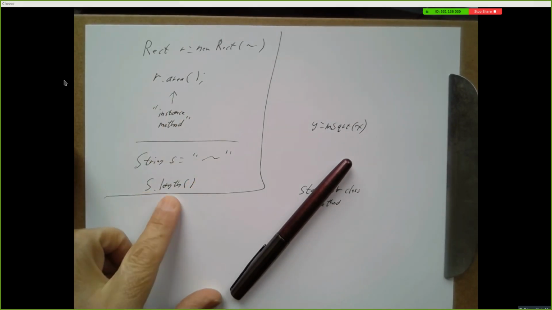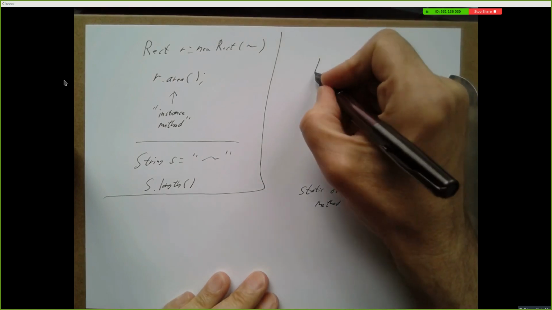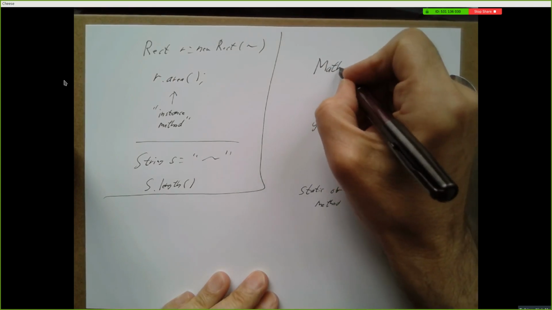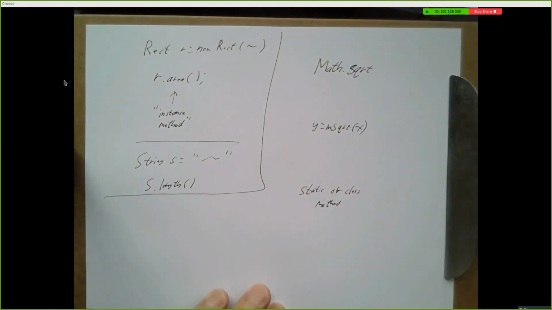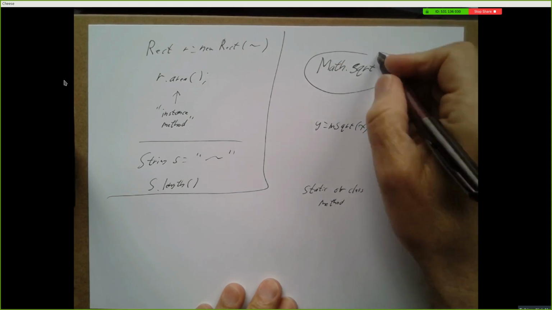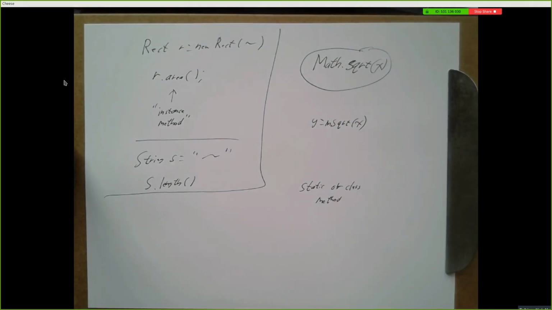A string, we need to have a string to say string.length. But square root, we don't need a math object to take a square root. We can actually just type the name of the class dot square root. Okay, so this is an example of a class or a static method.